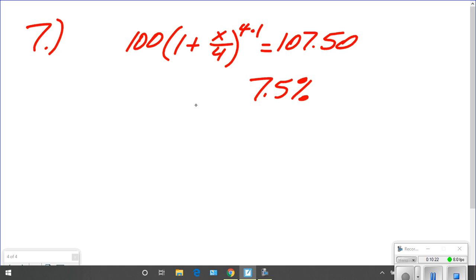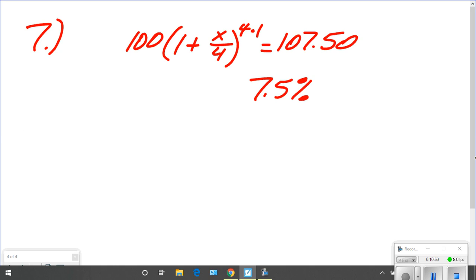If you're interested in how I got 7.3%, I divided by 100, did the fourth root of that answer, subtracted 1, and then multiplied by 4. Hmm, interesting. Maybe because I had to round some stuff in my calculator. But this one, you're going from 100 to 107. So what is the yield rate? I guess we'll go with that one, okay?